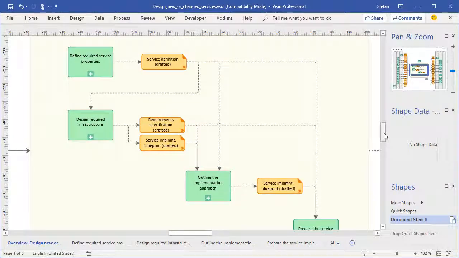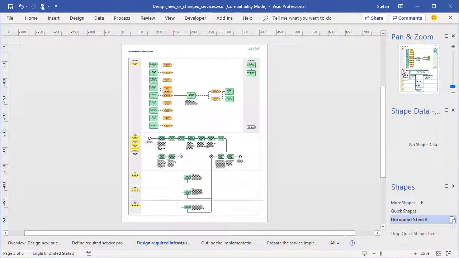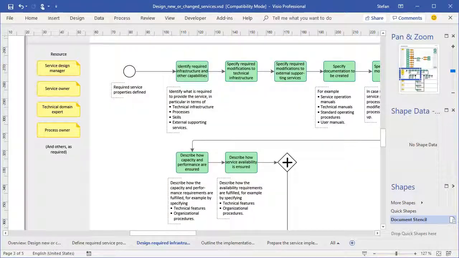Again, we have an additional level of detail for each sub-process in the form of a swim lane diagram, such as this one describing the recommended steps for designing the required infrastructure for a service. Identify the required infrastructure and other capabilities, specify the required modifications to the technical infrastructure and to the external supporting services, and so on. I hope you will agree that this is much easier to understand than the complex web of service design processes we had in ITIL v3.